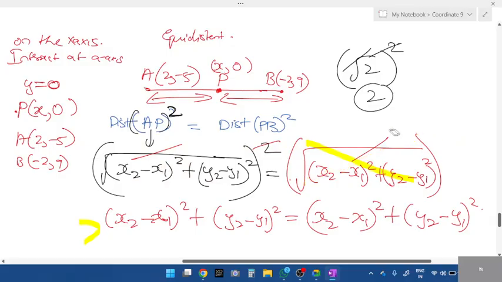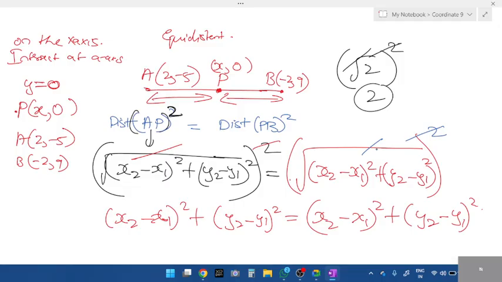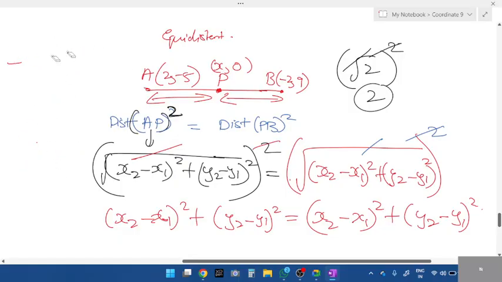Complete these two. Done. Completed till here.